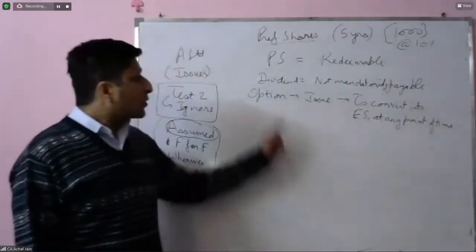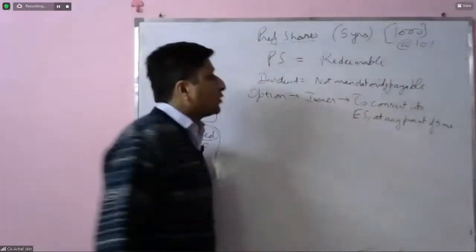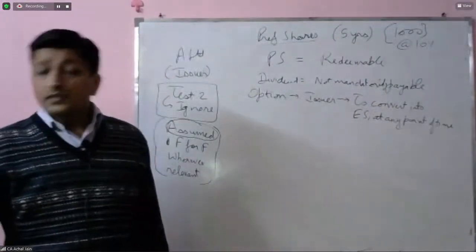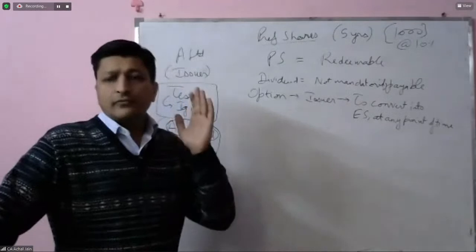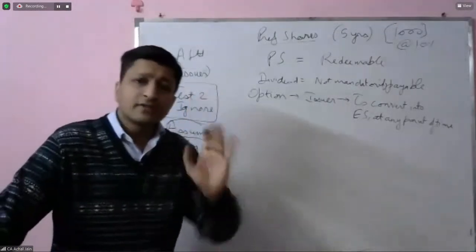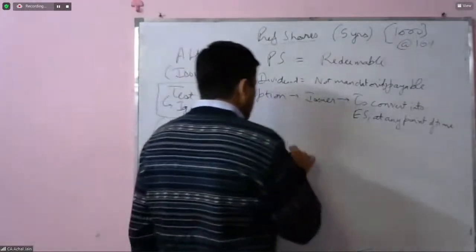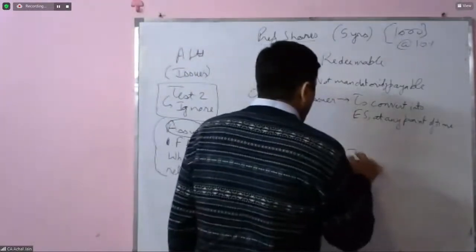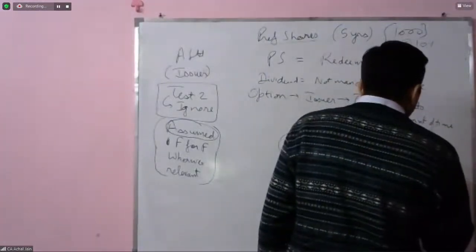Clear? There is an option with the issuer to convert the preference shares into equity at any point of time. This option is only with the issuer. Now, tell me about principal, interest, and your conclusion.